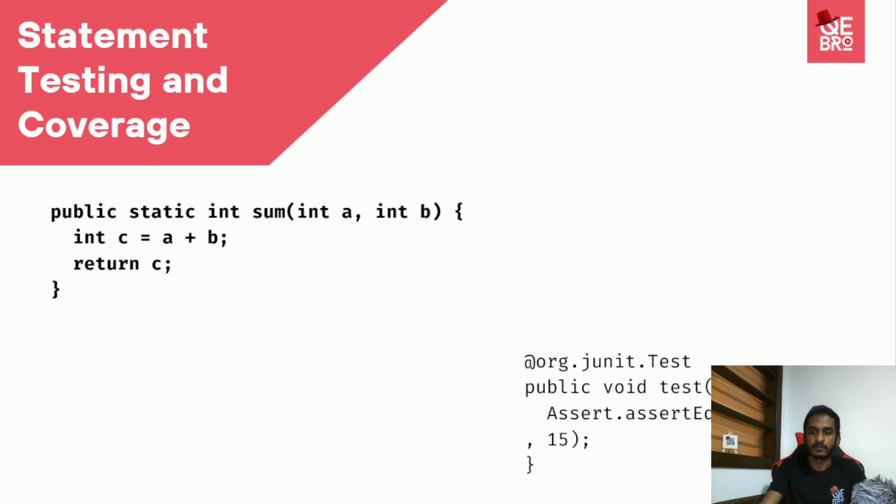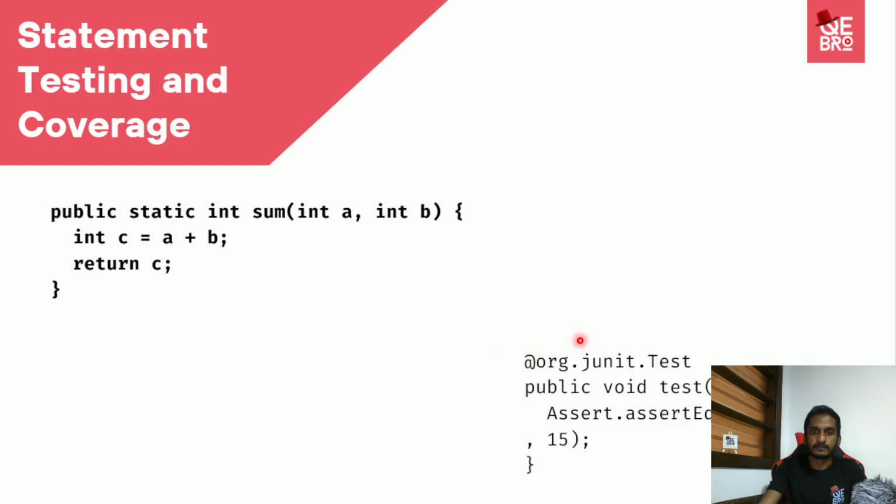Then let's say we call this method sum, where 5 and 10 are passed. It will execute the first line of code. Then it will go to the second line, which will also be executed, and the output will be stored in c, and then it will return c. So the third line is also executed, and the fourth line will also be executed.